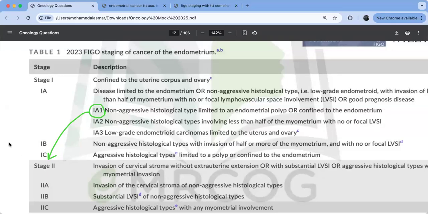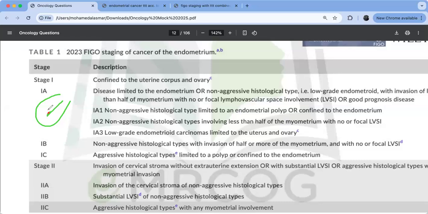Right? So I'll tell you a situation that might happen in real life. You have a patient diagnosed with endometrial cancer. You have done ultrasound, MRI, and everything, and it's just a small focus here, confined to the endometrium, this part. Nothing else abnormal so far.